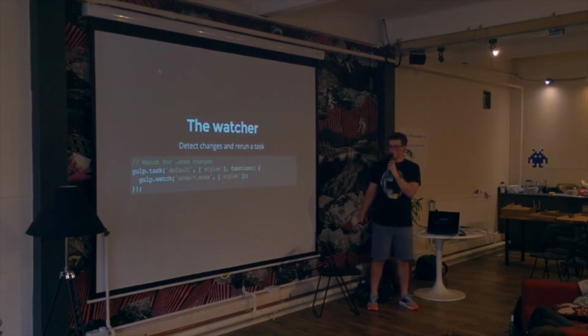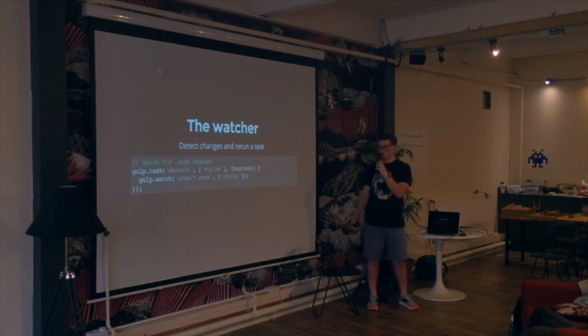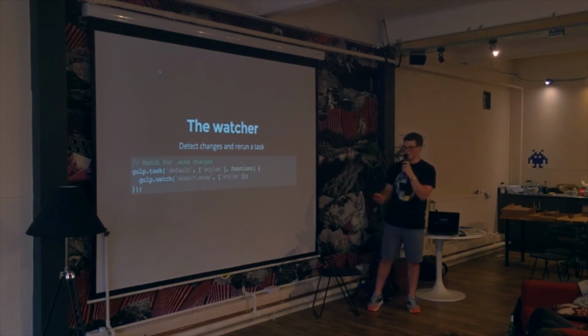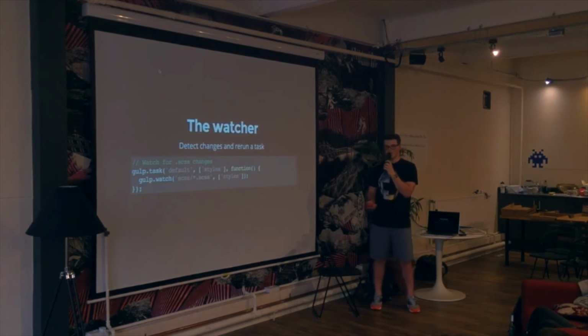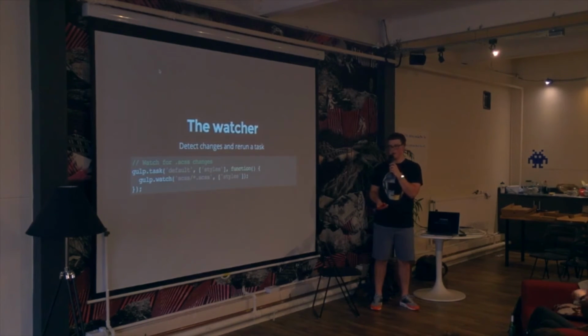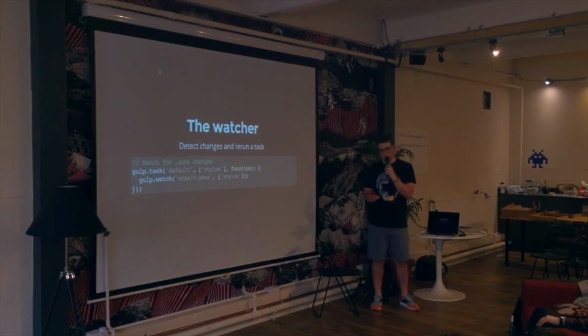So we're going to watch the SCSS directory, any files in there. If there's any changes detected to those files by Gulp, then it will run the styles task that we defined previously. So basically, if I make any changes in any one of my SCSS files in that directory, then the styles task will run again. So it's essentially going to compile our CSS, minify it, and everything again automatically.